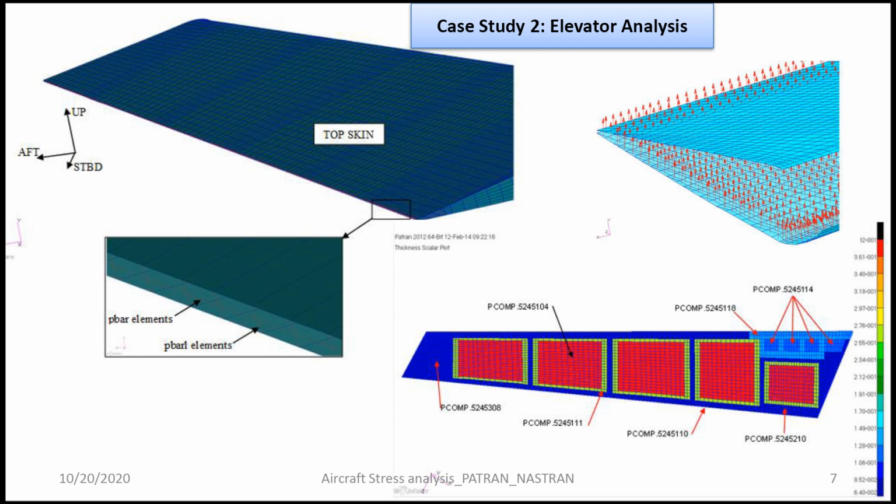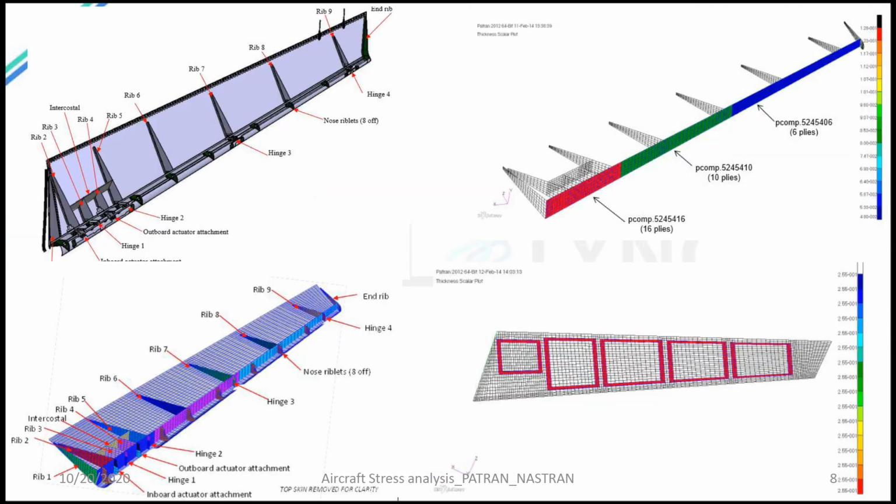The end caps or the flanges of the spars and ribs are all modeled using PBAR elements, and the ribs are also meshed using 2D elements, and then the rib flanges are modeled using PROD elements or CROD elements, 1D elements. And I haven't modeled anything as 3D.